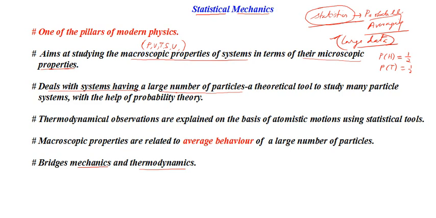What do you mean by the probability of getting a head and a tail being half, or equal? What does it mean? Does it mean that if I toss an unbiased coin twice, I will get 1 head and 1 tail? Does it mean so?